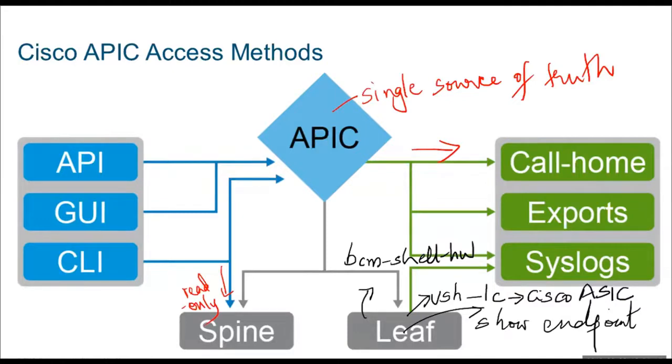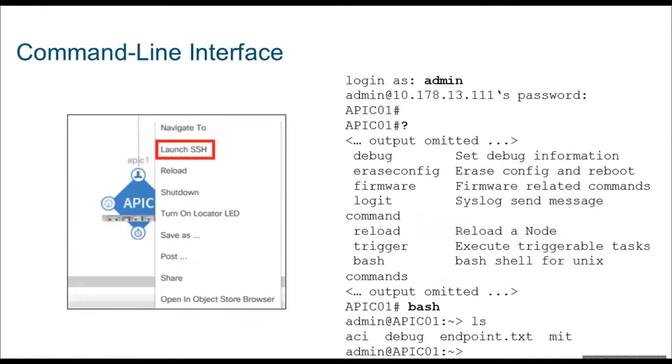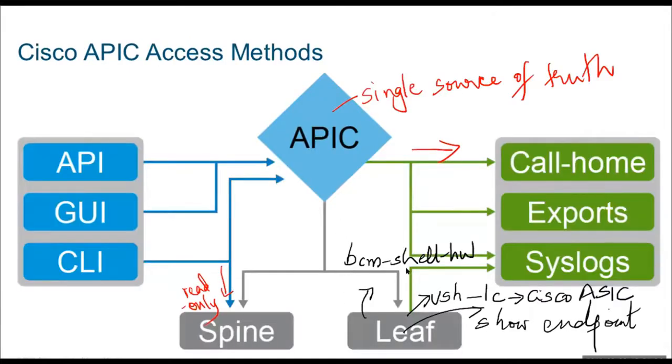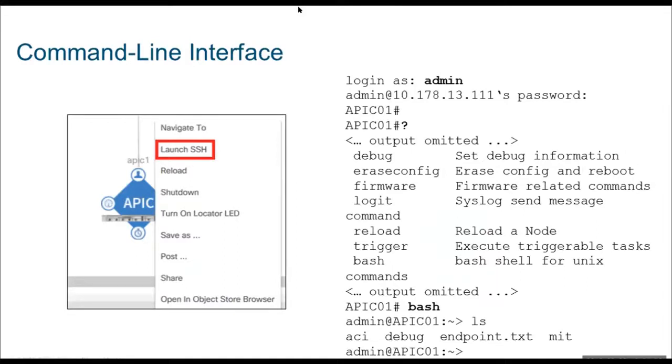You can see the processors on the Broadcom ASIC, and you can actually directly run a process on the Broadcom ASIC. Even if you don't go into the shell prompt, you can just say BCM shell HW, and then run the command that you would directly write to run. That would mean you need to know the commands that you have to run. That would mean you need to probably attend the troubleshooting class a little bit.